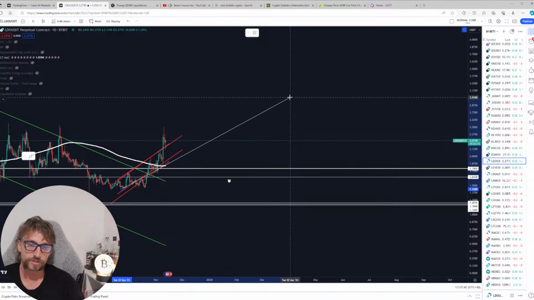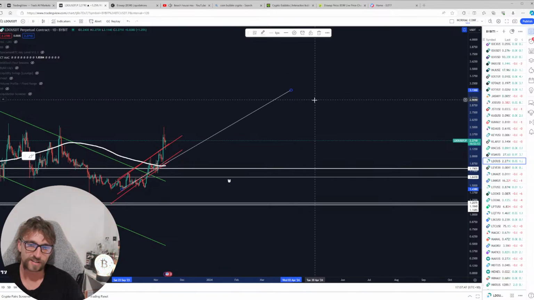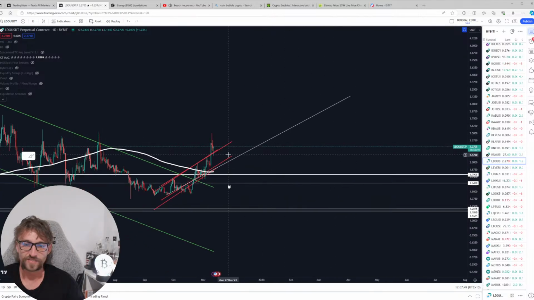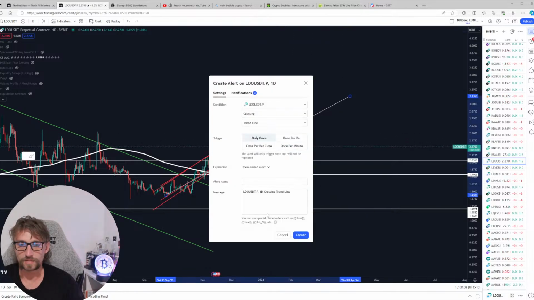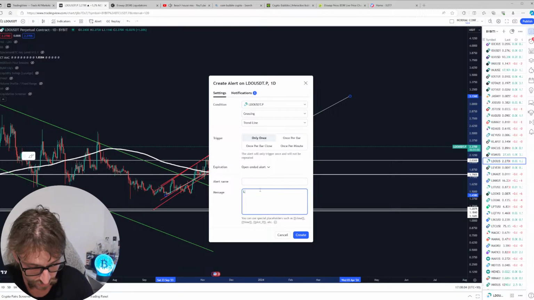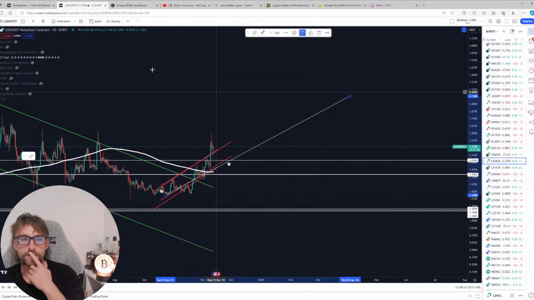You'd be a bit generous with the trend line. And maybe the previous resistance. Cool. Had a couple of lows. We just did a little sneaky LDO for you. A couple extra ones, but we'll get through them anyways.